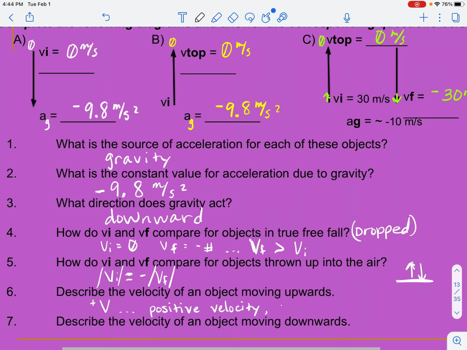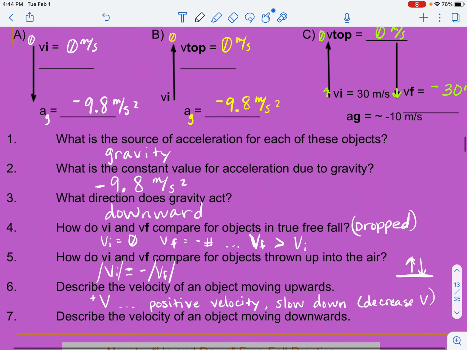But the object is going to be slowing down, or we could say that it's going to decrease in velocity, okay? You need to be familiar with the different ways that we can word these situations. All of that means the same thing.